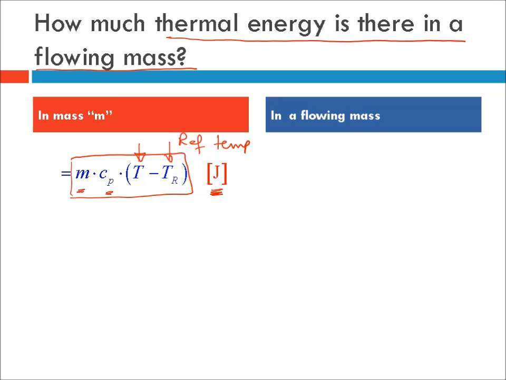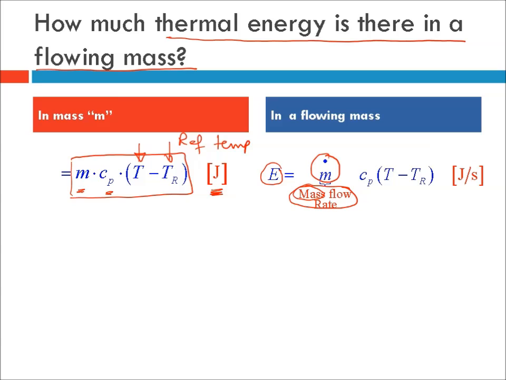Now we want to know how much energy is there in a flowing mass. So in a flowing mass, in the same way, energy can be defined with not mass, but a mass flow rate, m dot, so that we talk in terms of a flowing mass, otherwise it's the same. So the unit becomes joules per second.